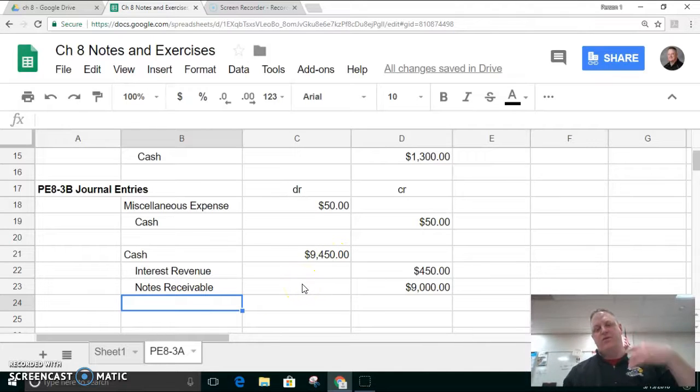So it would work itself out in that way. This makes it a little cleaner to do it in two separate transactions. That is all I have to show you for journal entries. So what I want you to do is to complete exercises 8-17, 8-19, and 8-20.